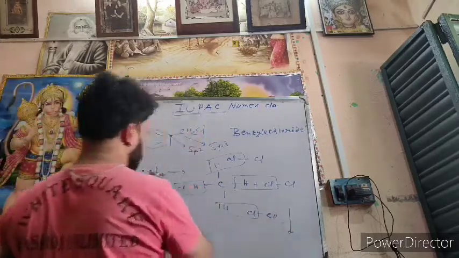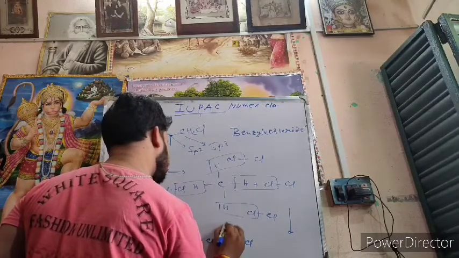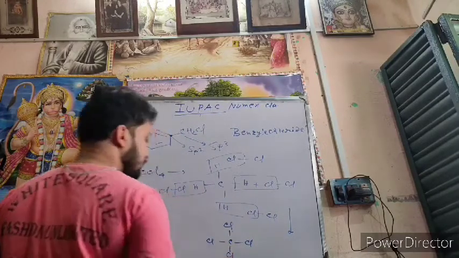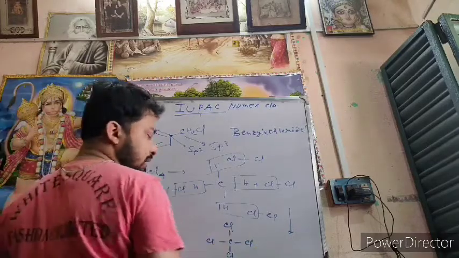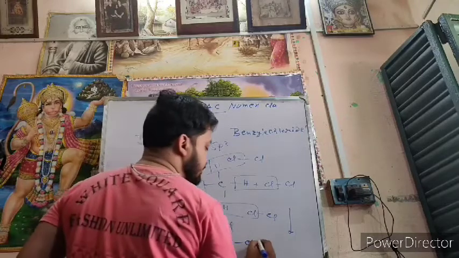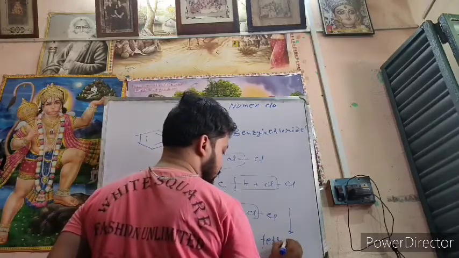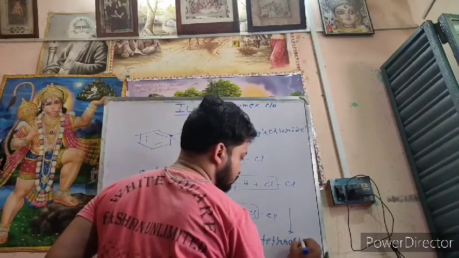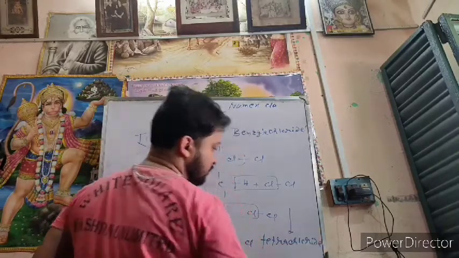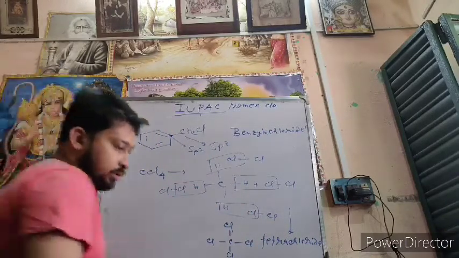We get this compound CCl4. The number of chlorines is 4, so this is tetra, and this is chloride. So this compound is carbon tetrachloride. Very easy.